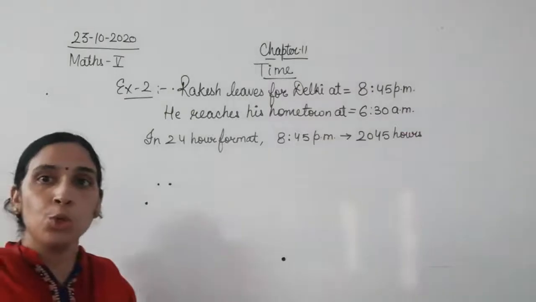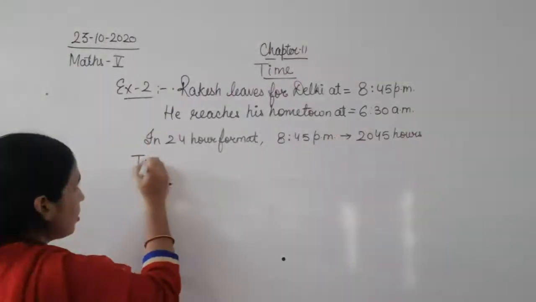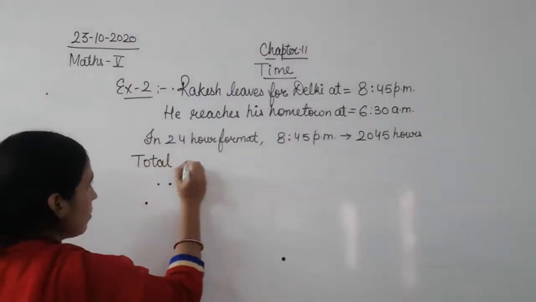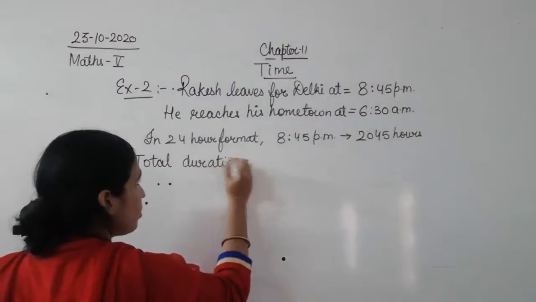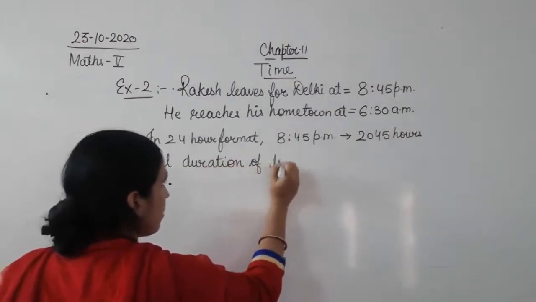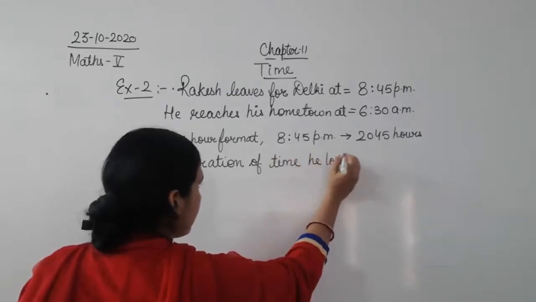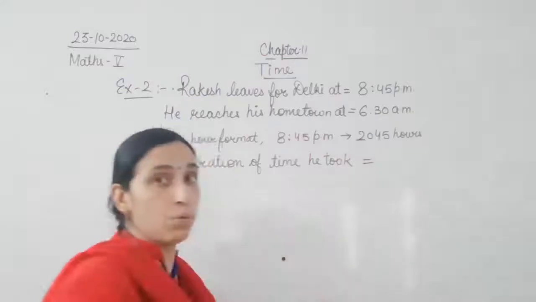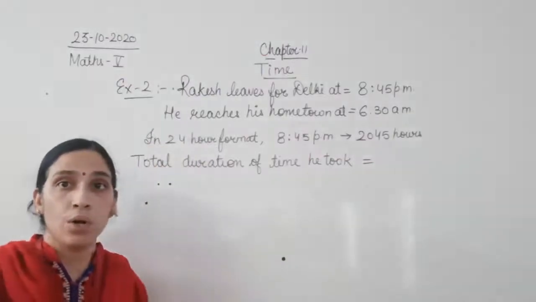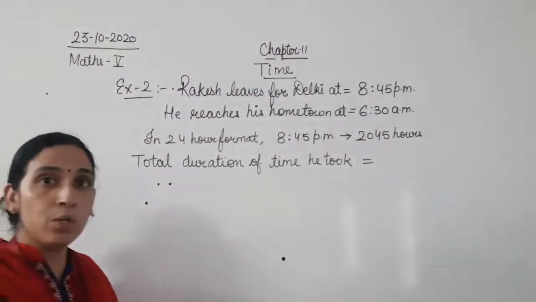Fine. So you are supposed to find the total duration of time he took to reach his hometown, because that is the part of the question. What is the total duration of time he took? So what will we do here?